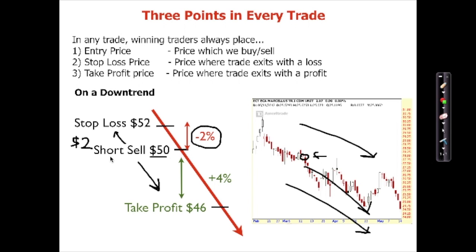If the price goes down as we anticipated, we also program the computer to sell and take profit at double the risk, which in this case is $4 lower than $50, which is $46. So that will give us a profit gain of 4% on our capital.